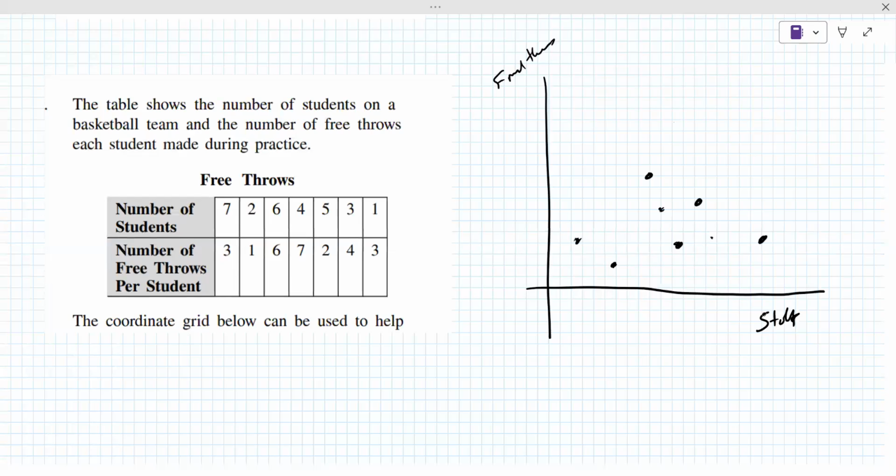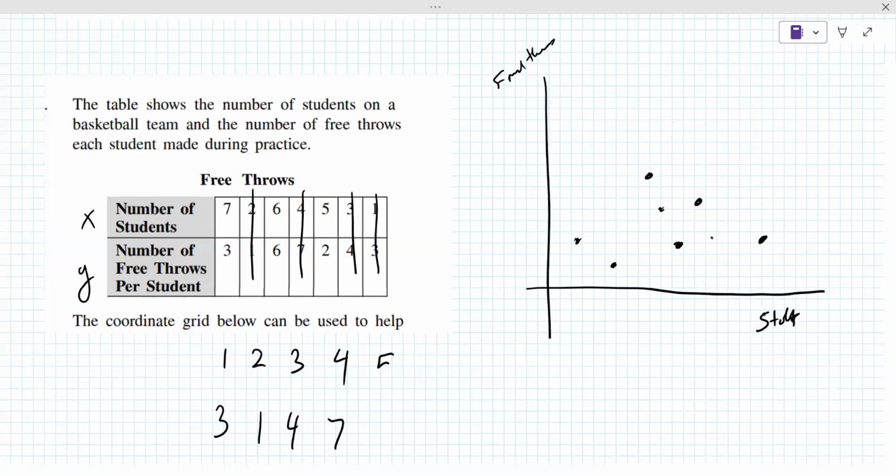So here's a strategy you can use that they might not even show you in class: put the x values in order. So 1 and 3 would be first, then 2 and 1, then 3 and 4, 4 and 7, 5 and 2, 6 and 6, 7 and 3.